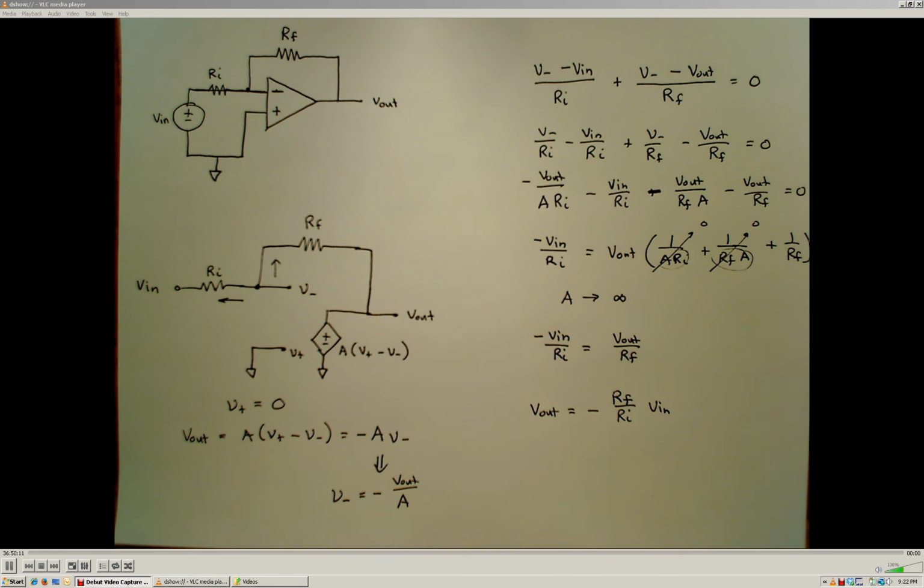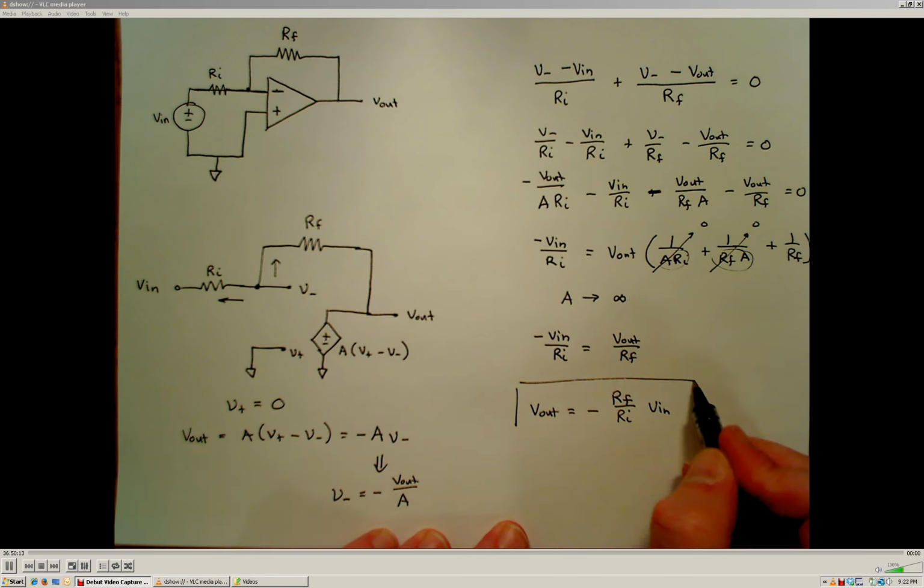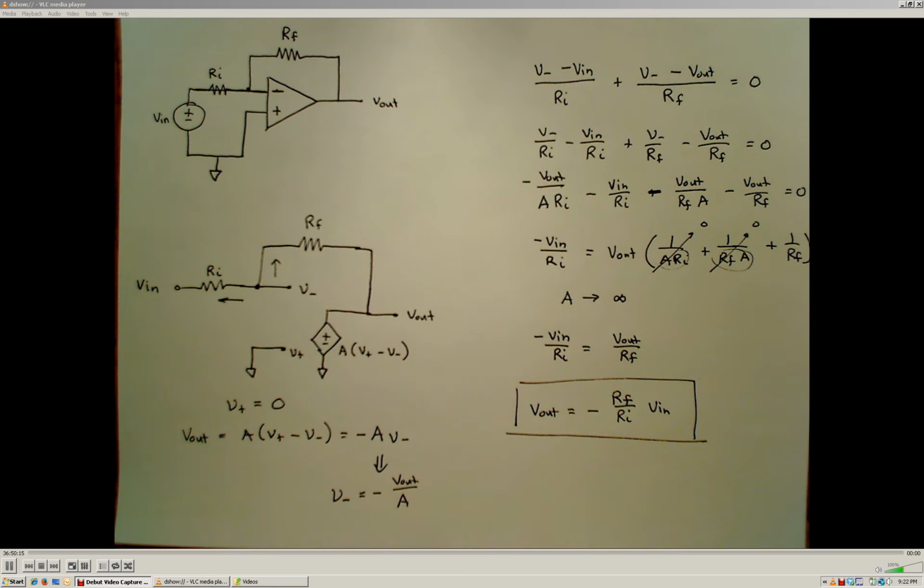All right, and that is the equation that tells us how the output voltage is related to the input voltage of this configuration, which is called the inverting amplifier. It's called an inverting amplifier because if I have a positive input voltage, then my output voltage is going to be negative, in the opposite direction.